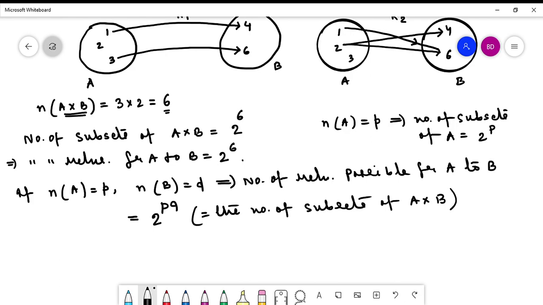So we'll memorize this formula: the number of relations possible from set A to set B is 2 to the power PQ.